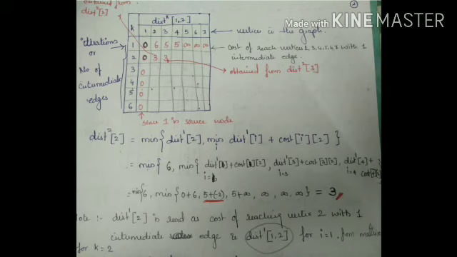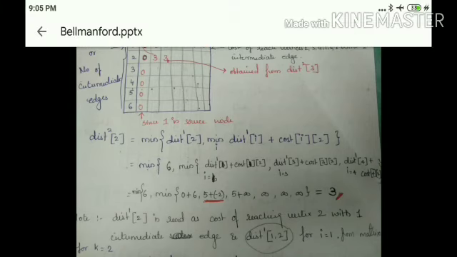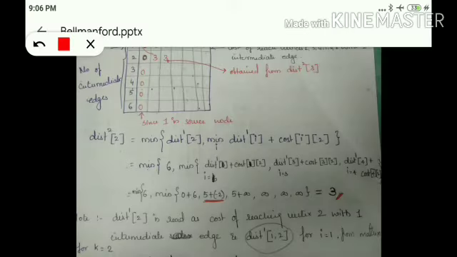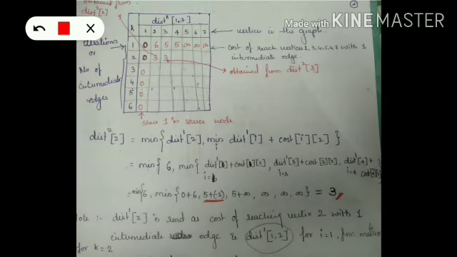so it is with one intermediate edge I must reach vertex 2 from source vertex 1. So it is for the first value of k I can reach vertex 2 at the cost of 6.